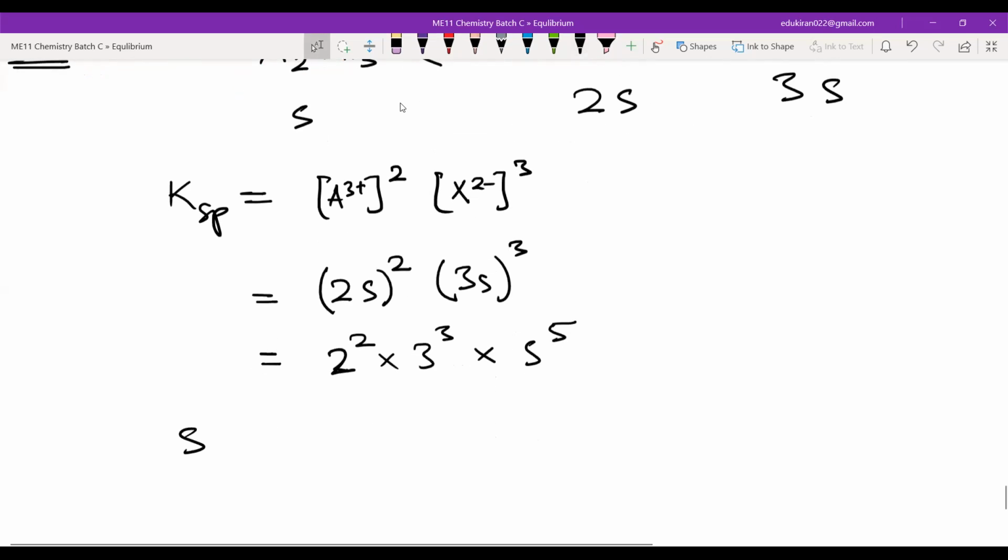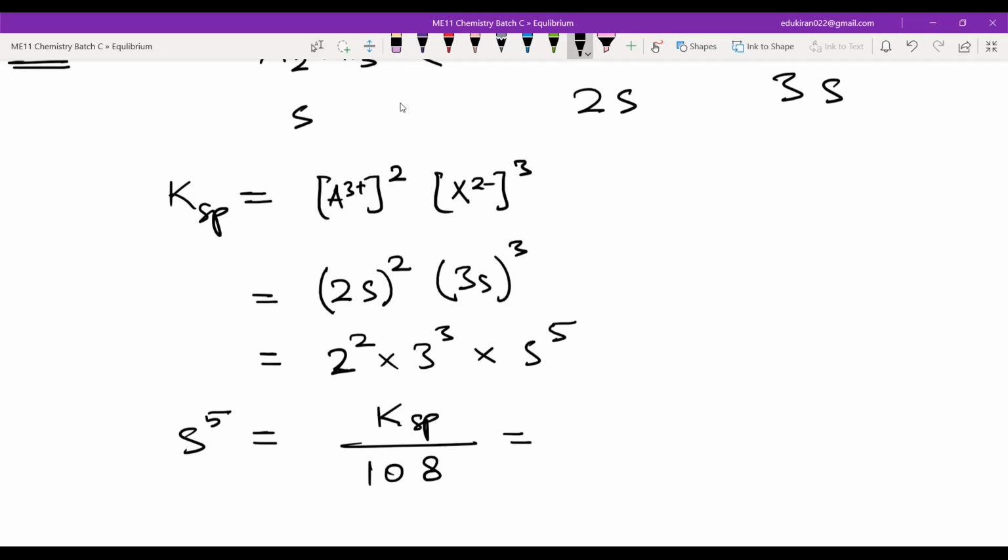So we can write s to the power of 5 will be equal to Ksp divided by how much? 2 to the 4, and 3 cubed is 27. 27 times 4 is 108.